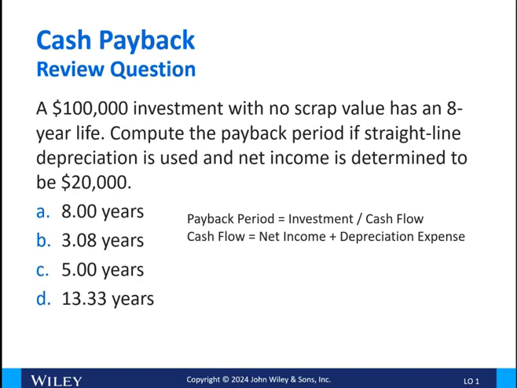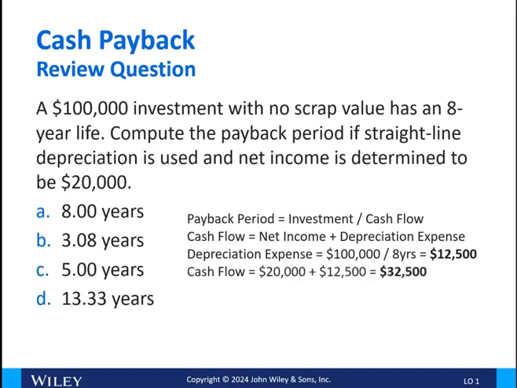For depreciation expense, we see from the problem it's an 8-year life, no salvage value, no scrap value. So it's simply the $100,000 divided by 8, so $12,500 a year. So our cash flow is $20,000 net income plus the $12,500 depreciation, which is a non-cash item. So $32,500 is our annual cash flow.